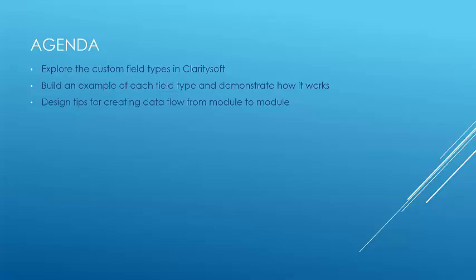in Claritysoft, because there are some different techniques that you can use that allow data to flow from one module to another. For example, if you do use the leads module, you can build custom fields in the leads module. Then if you create those same custom fields in accounts, contacts, or opportunities, that data will flow into the corresponding fields when you convert the lead.